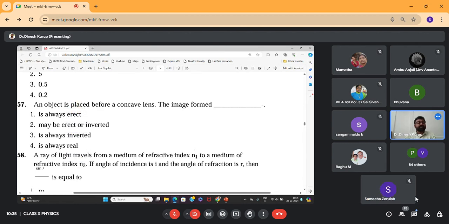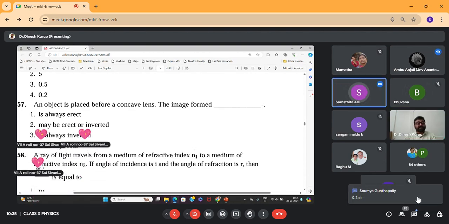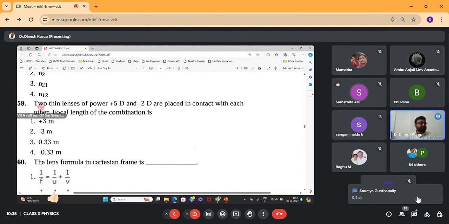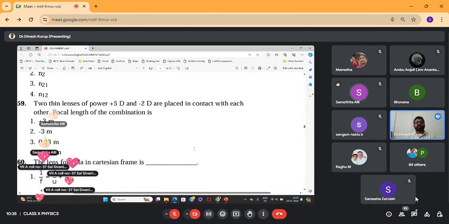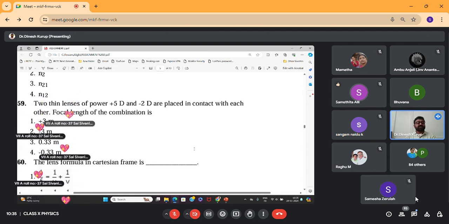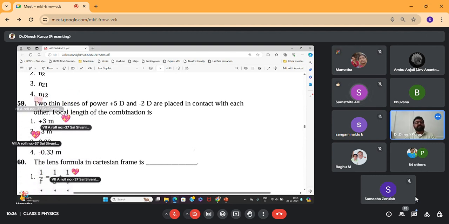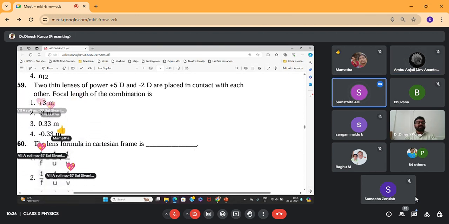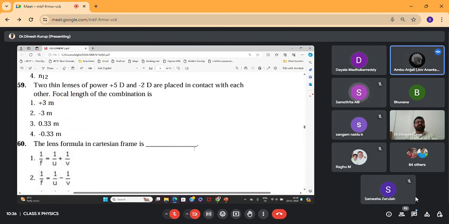The object is placed before a concave lens. The image formed is virtual. Then two thin lenses of power +5 and -2 are placed in contact with each other. Focal length of the combination? +3 is the resultant power.